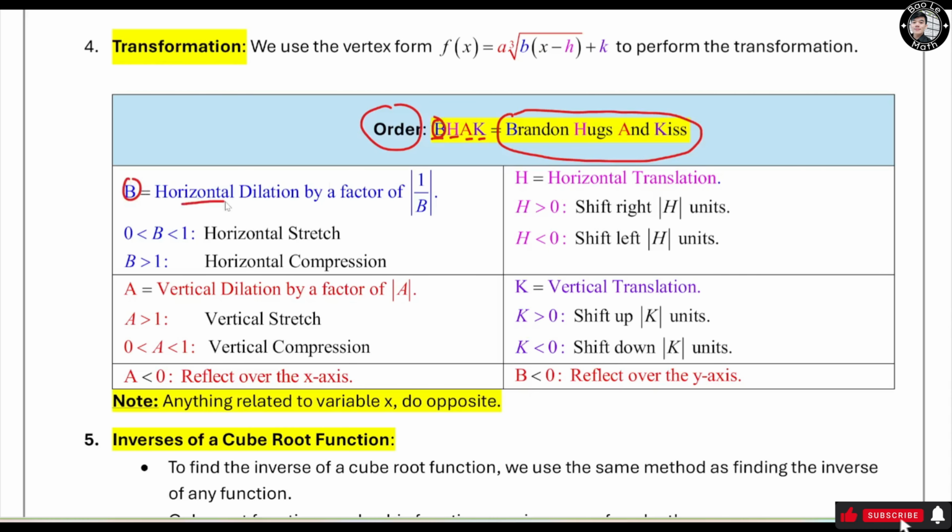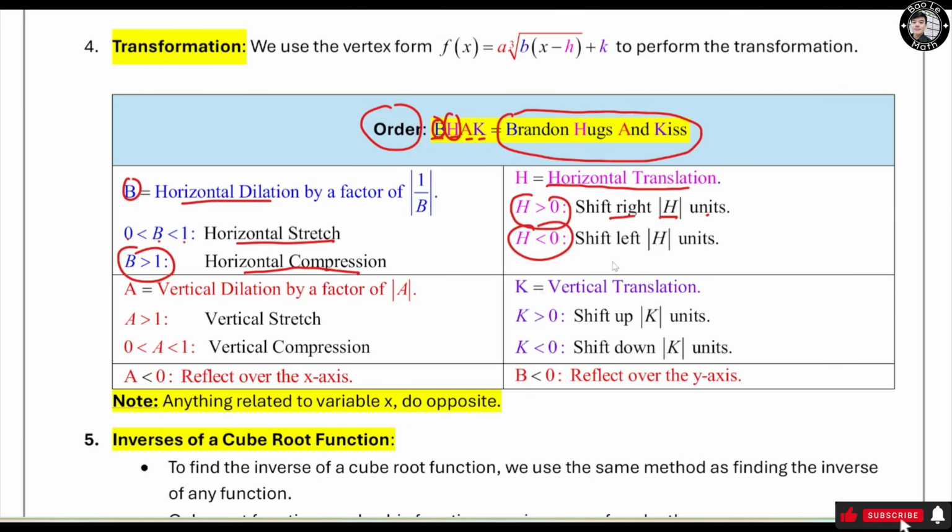b represents the horizontal dilation by a factor of 1 over b. If b is between 0 and 1, it's a horizontal stretch. If b is greater than 1, it's going to be a horizontal compression. Next, h represents the horizontal translation. If h is greater than 0, shift right absolute value of h units.